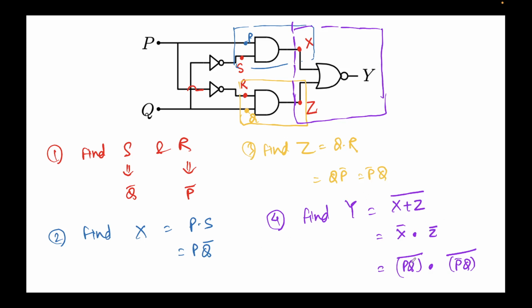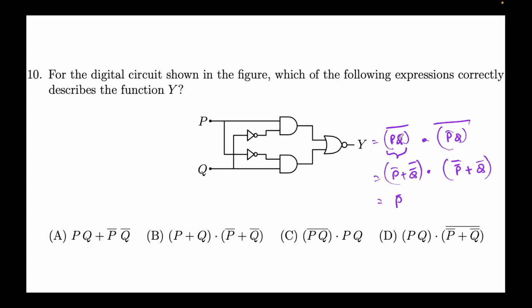The value of X is P Q bar whole bar, Z is P bar Q whole bar. Yeah, that is correct. So it will be P bar plus Q times P plus Q bar. Is any option matching? No. Let me simplify it further.